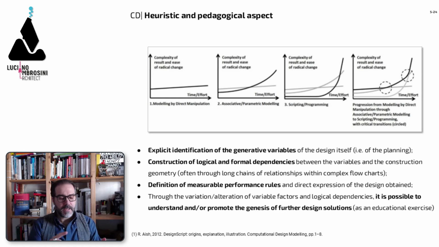So that's why computational design, or computational thinking, is represented completely in the fourth graph, the last on the right, because this logic, I mean associative modeling plus scripting and programming, can trigger some changes in the curve slope, not only operationally, but also in the level of cognitive depth of the problem addressed.